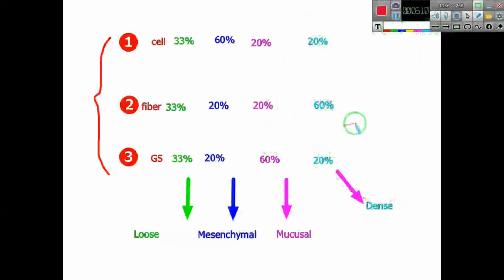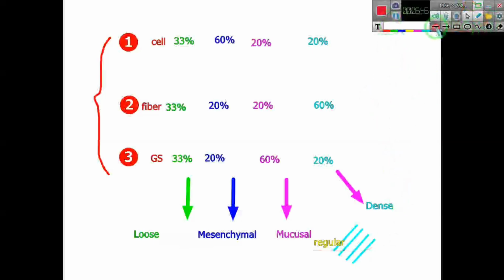So if we have a lot of fibers, we have two states for these fibers. Sometimes they are aligned or parallel and in one direction. Call it regular connective tissue.